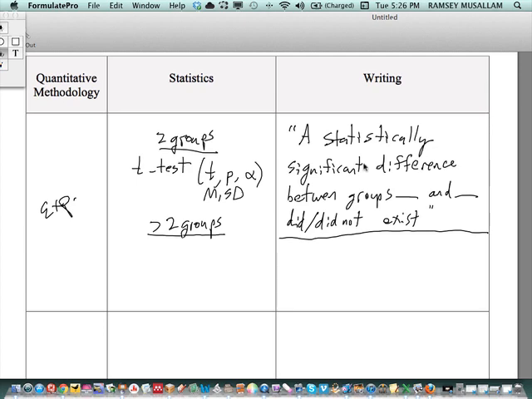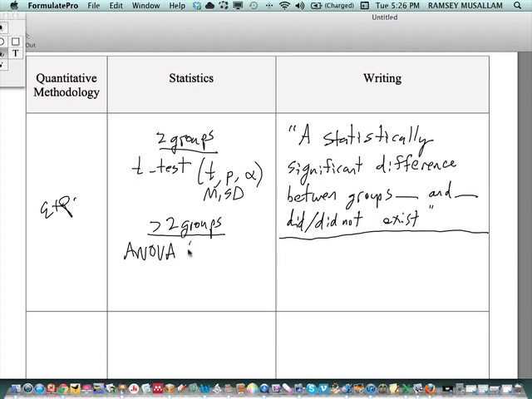So if you know what that stuff means, man, you can start thinking about t-tests over here, other things over here. Okay? So if you have greater than 2 groups, you're going to be doing something called an ANOVA. And if you see the word ANOVA, which you're going to see a lot, this is the most common statistical test that exists.